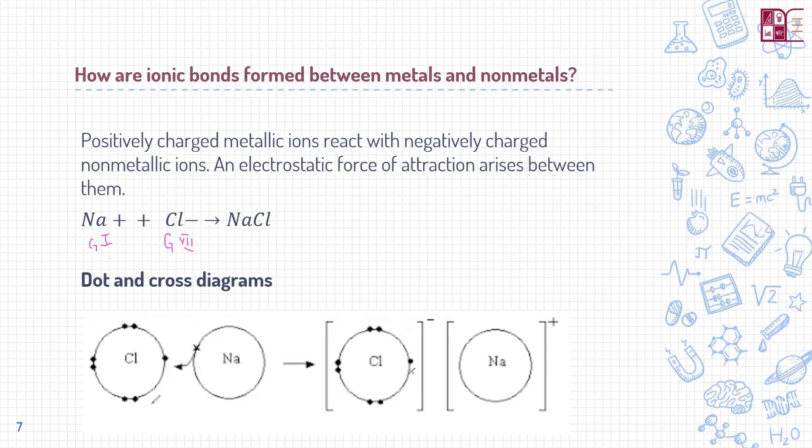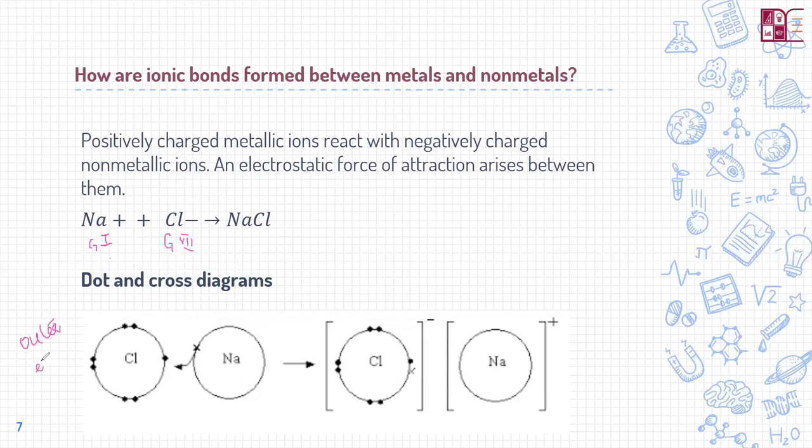Now you see, this is a dot and cross diagram. Dot and cross diagram is self-explanatory. Dots are representing one atom's electrons, outer electrons only. I'm only going to talk about the outer electrons because they are the only ones involved in chemical bonding.